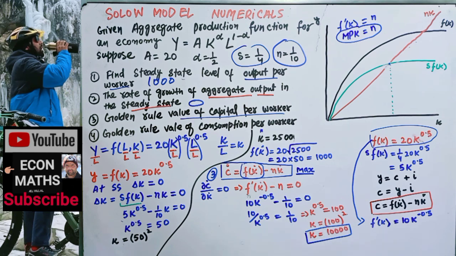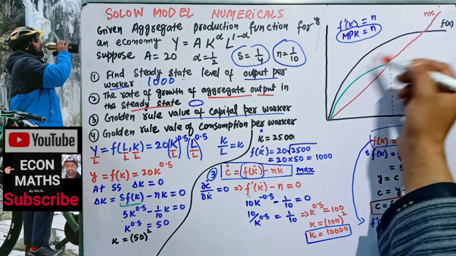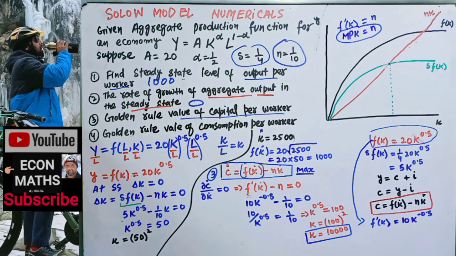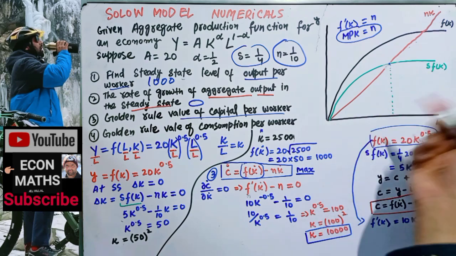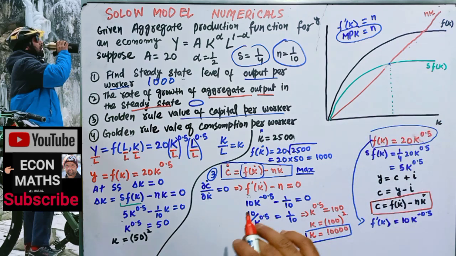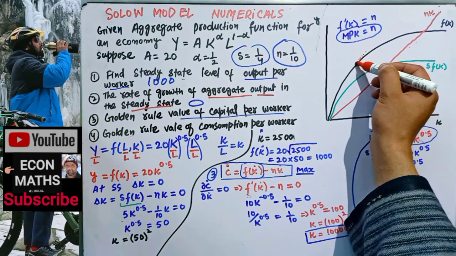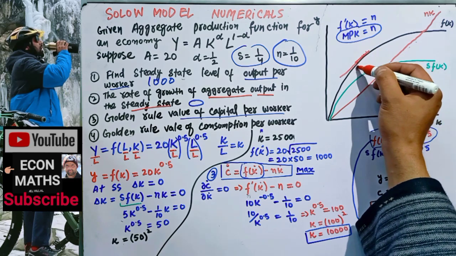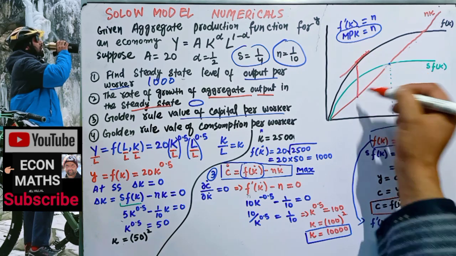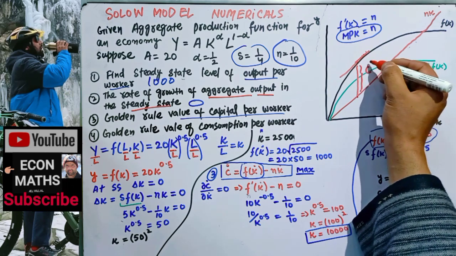This is the condition for the golden rule level of capital per worker. That means when the slope of the production function and the slope of this nk function, this red line, which is constant at all points, are the same, the gap denotes our consumption.